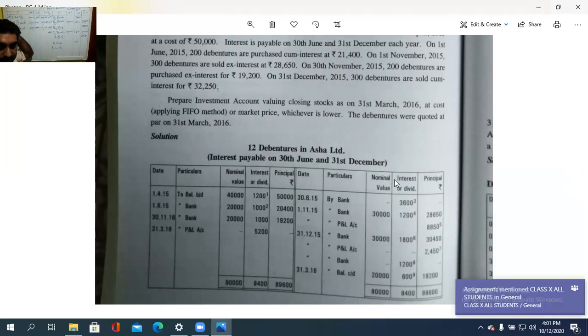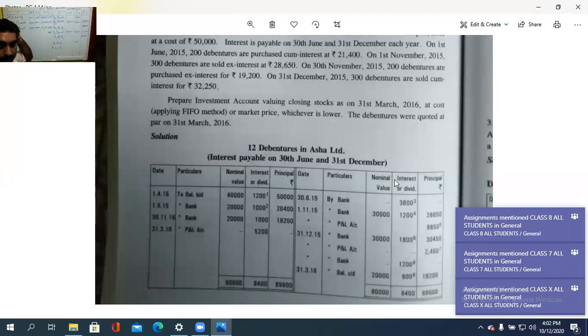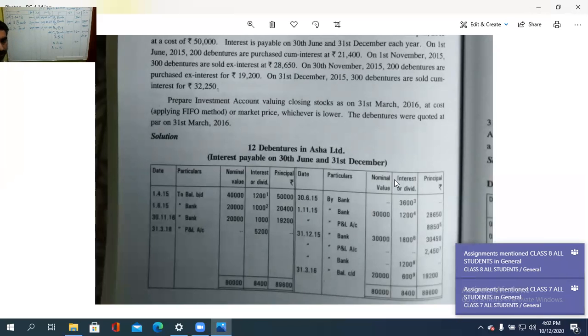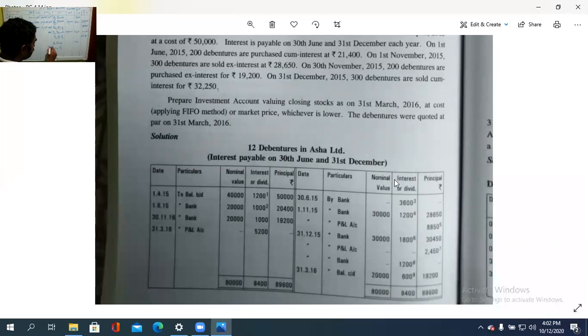So how much is it? On 31/3 this one. So 4 plus 2, 6 plus 2, 8. Here it is 6. So the balance is how much? 2 lakh. Sorry, 20,000.